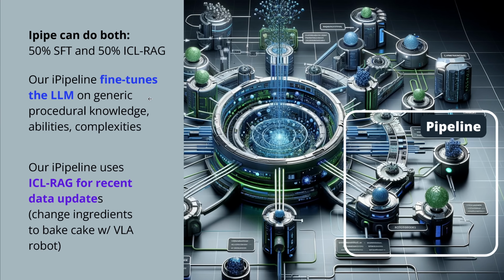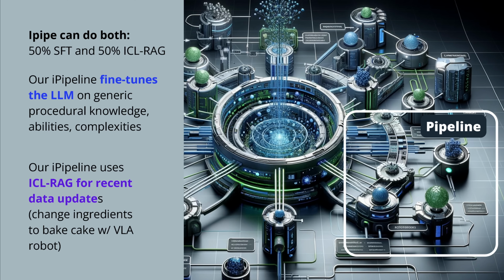But you suddenly understand that this intelligent pipeline now has the possibility to create a dataset. So the pipeline now decides if it should fine-tune our LLM on a generic procedural knowledge, on some generic abilities about some basic complexities, where the data will be fine-tuned, will be brought into the tensor weights of our large language model.